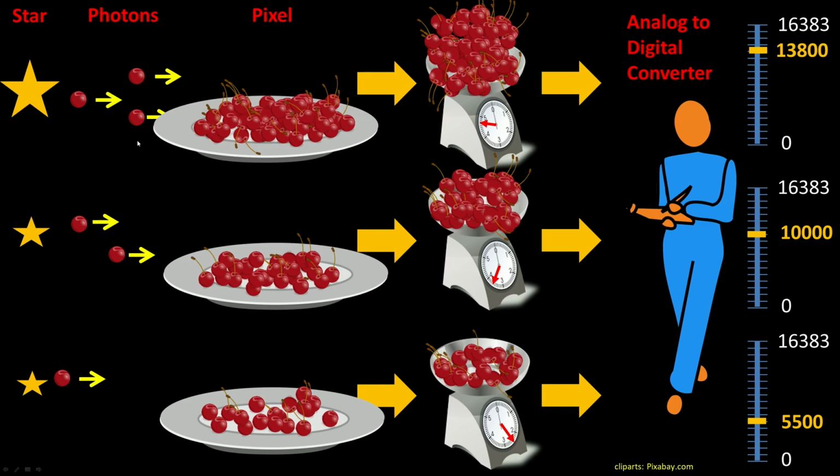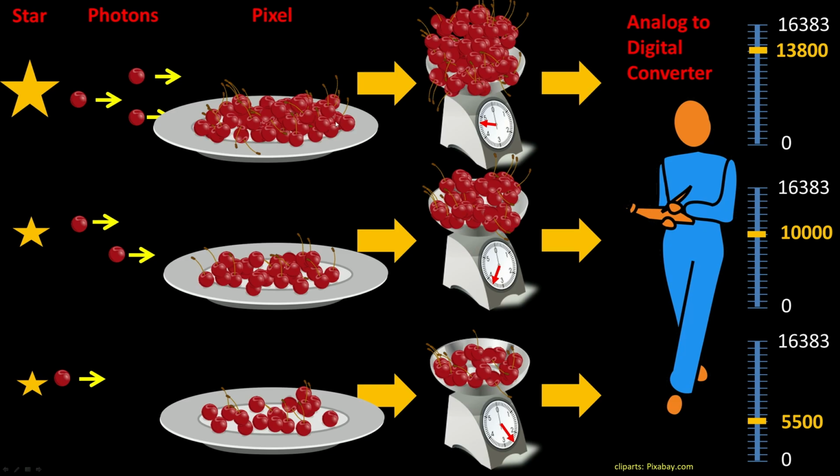Okay, so I'm trying to explain now how you can interpret the ISO. You have here on the left side different bright stars. Up here you have a bright star, and it sends a lot of photons to your camera, and those photons free electrons on the pixels on which they land.